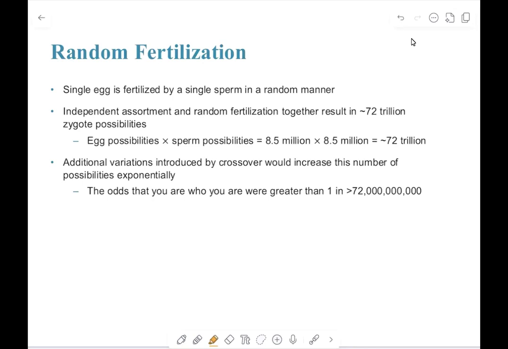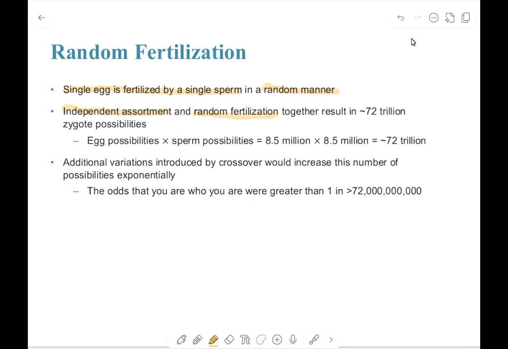The third source of genetic variation is random fertilization. So that single egg is fertilized by a single sperm, but in a very random manner. When we consider independent assortment as well as random fertilization together, that is going to increase the possibilities even more.